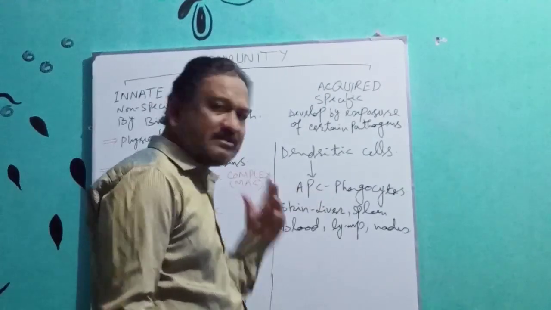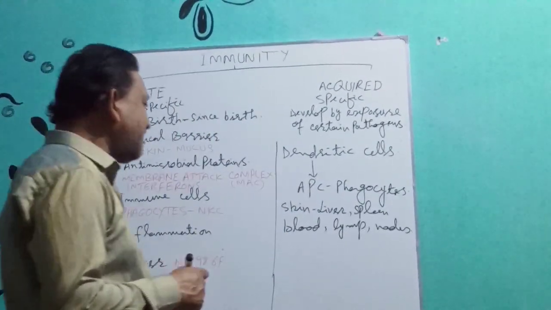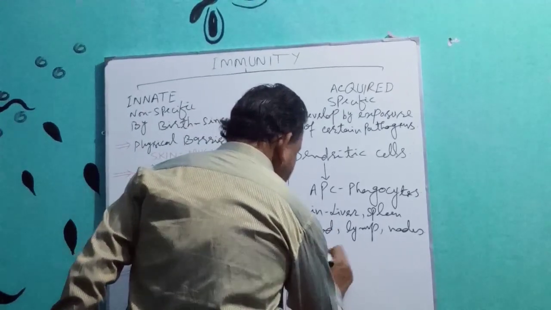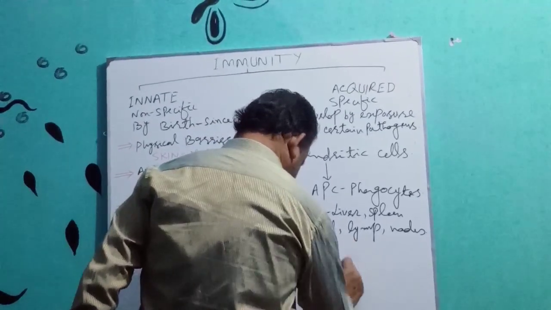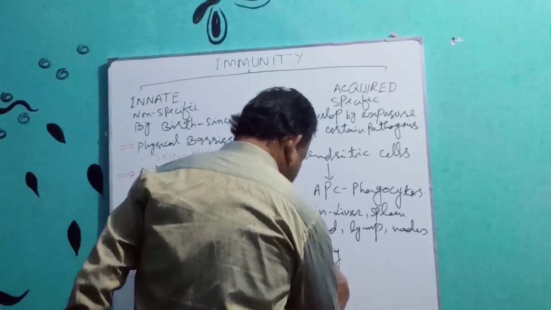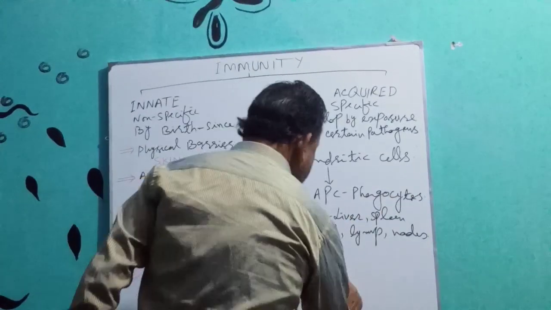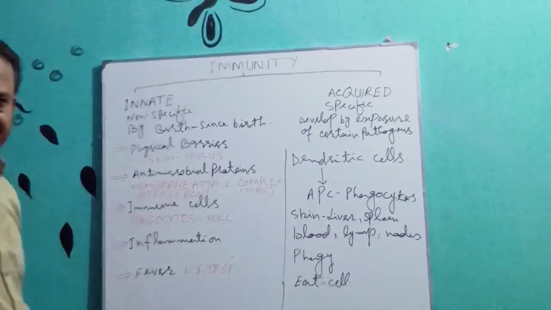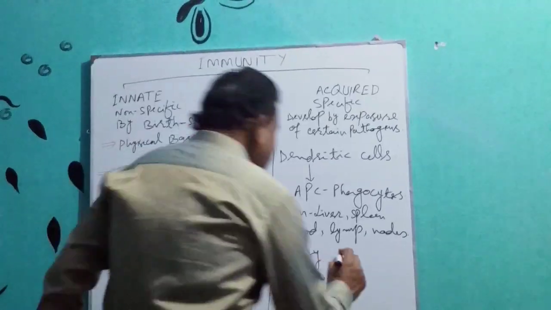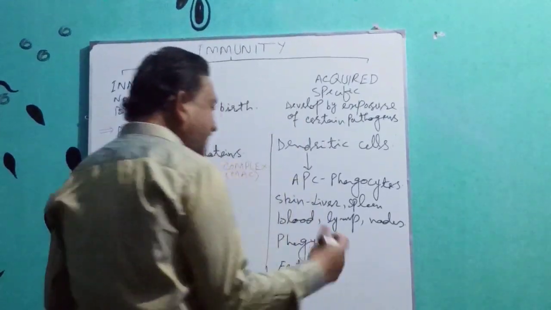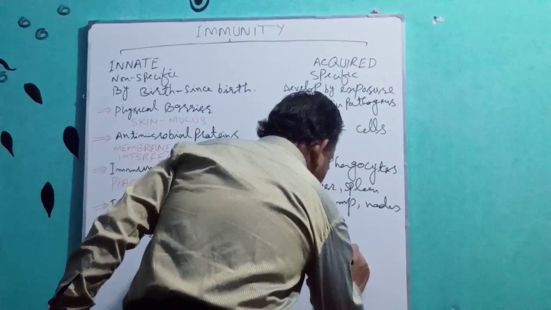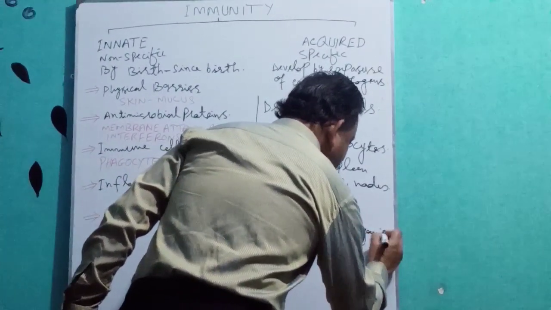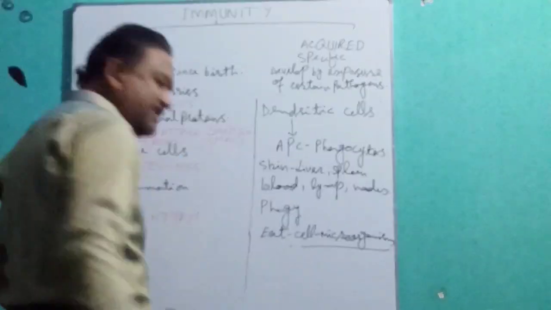They are phagocytes. Phago means eating or eat, and cytes means cells. Eating cells. They eat or phagocytose the microorganisms, bacteria or viruses.